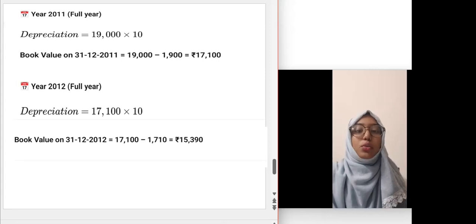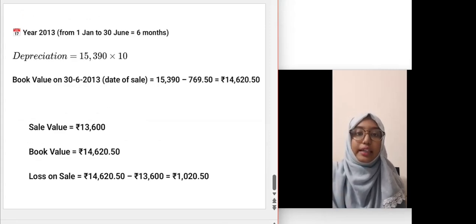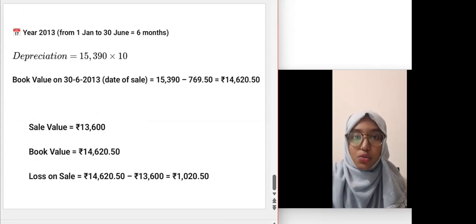So for 2012, on the brought forward value 17,100, 10% will be calculated because no changes. So full year depreciation 17,100 into 10%, 1,170. When we deduct that value from the asset value, the value is 15,390. So this 15,390 is the value we are carrying forward to the next year, which is 2013.